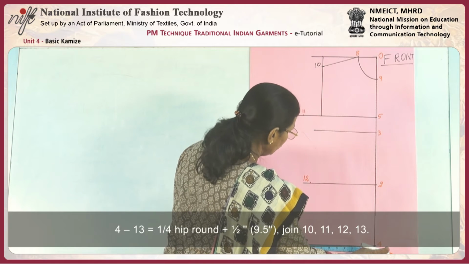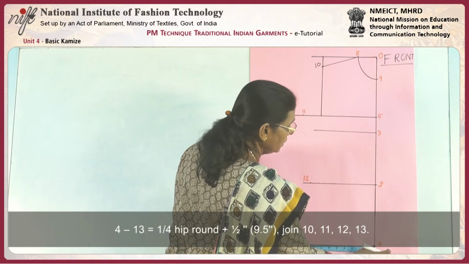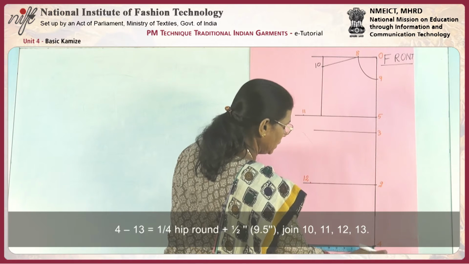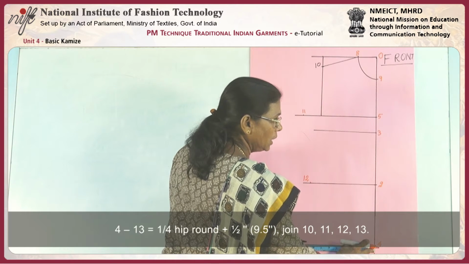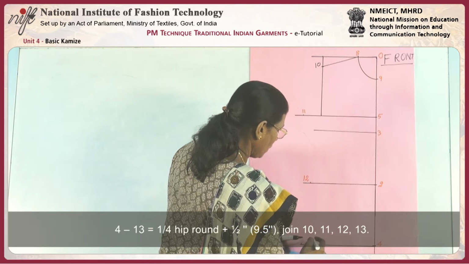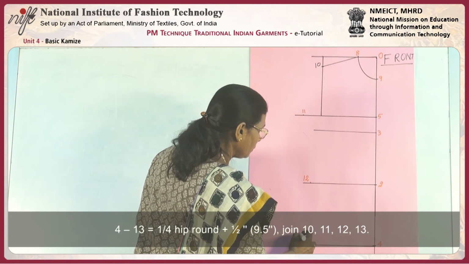And 4 to 13 is 1/4 of hip plus half an inch. Hip is 36, 1/4 is 9, plus half. Mark 13.